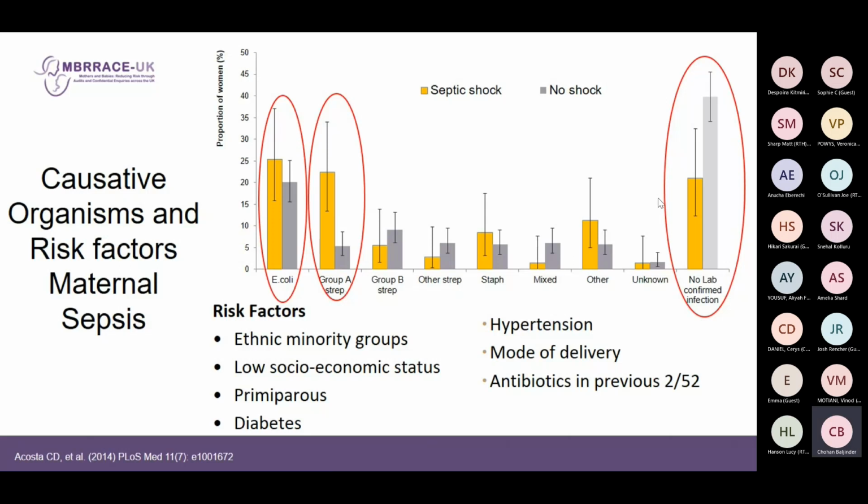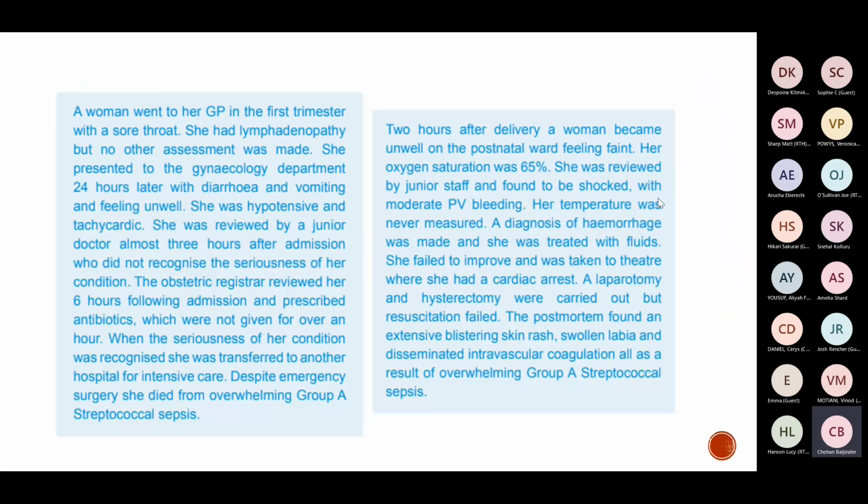Okay, so I'll give you a moment. These were two cases from the most recent MBRRACE report, which just reiterates the importance of asking the right questions and referring them up in a timely manner. Actually, I'll just read it for you, but you can read at the same time. On the left one, a woman went to her GP in the first trimester with a sore throat. She had lymphadenopathy, but no other assessment was made.